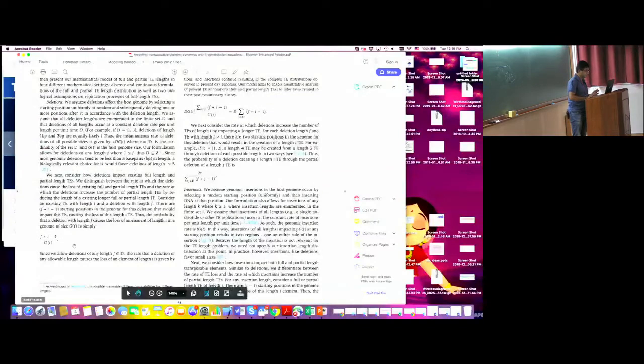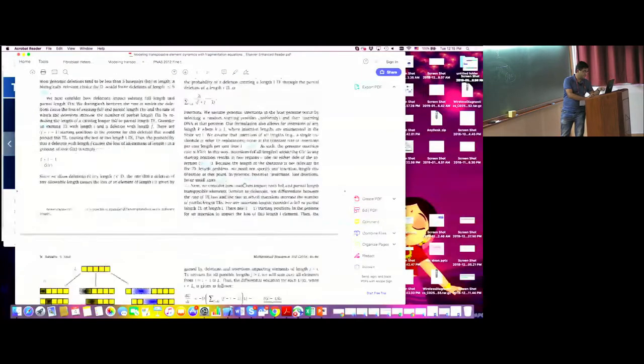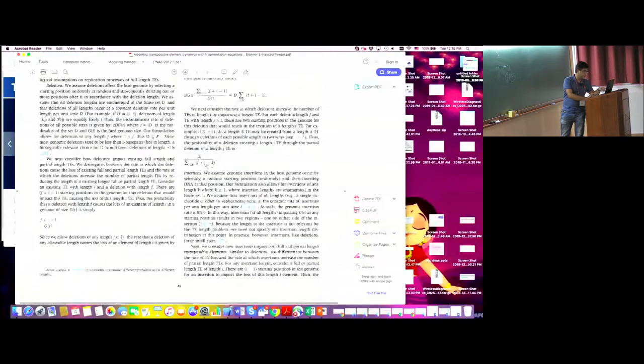So this is sort of full deletion, where the entire element of length F is deleted. Then they also have partial deletions, and they have the probability of a deletion happening through that partial deletion as well. So instead of I, you now have this component J here, which can then be summed up.